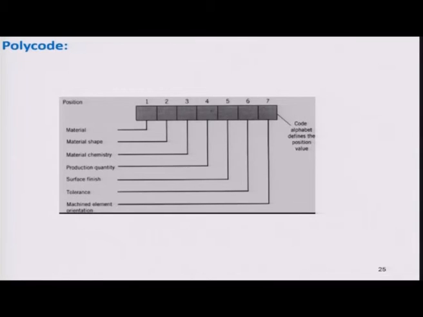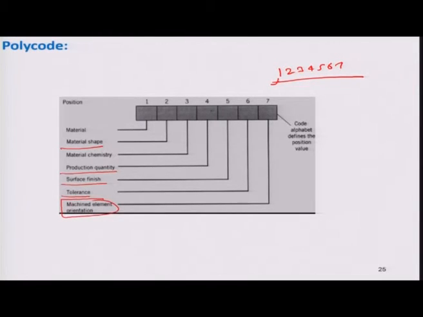Suppose one part has the code 1 2 3 4 5 6 7. Here 1 signifies material, 2 signifies metal shape, 3 is metal chemistry, 4 is production quantity, 5 is surface finish, 6 is related to tolerance, and 7 is related to machine element orientation.